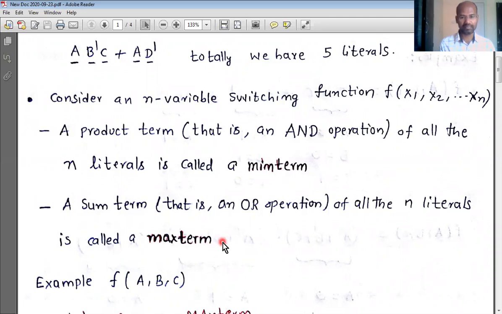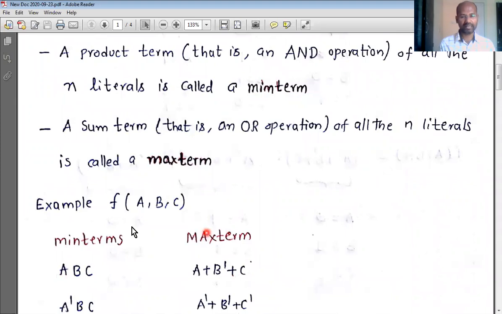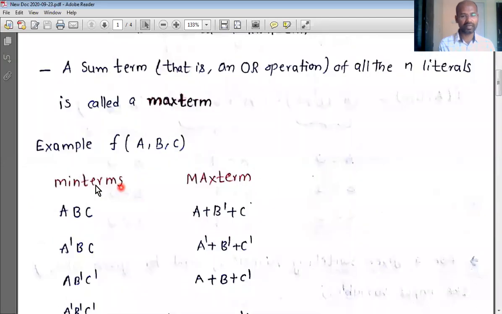Let's see some examples, then we understand better what a minterm is, what a maxterm is. Now see, here we have given some examples. Let's consider a Boolean function or switching function with 3 variables. How many switching variables are used here? 3. They are A, B and C. Now here we are writing down the minterms.